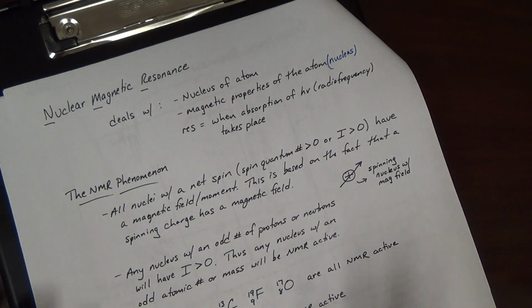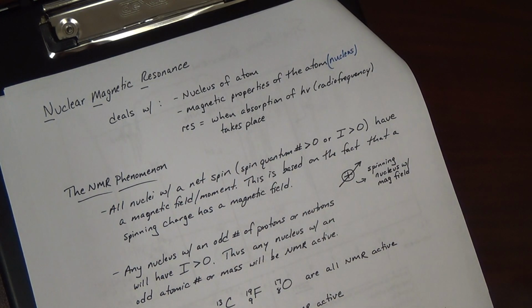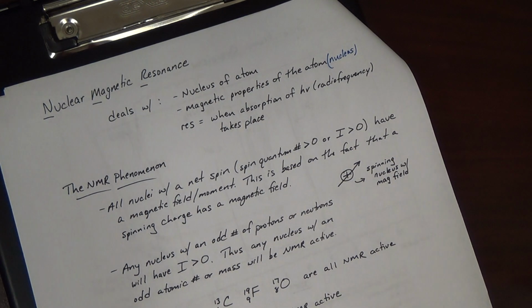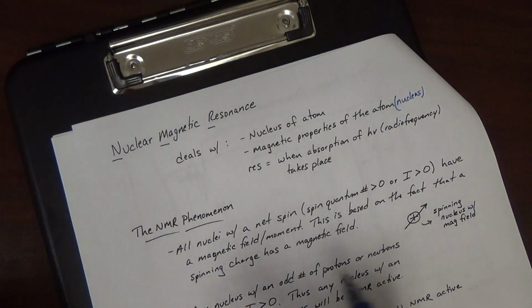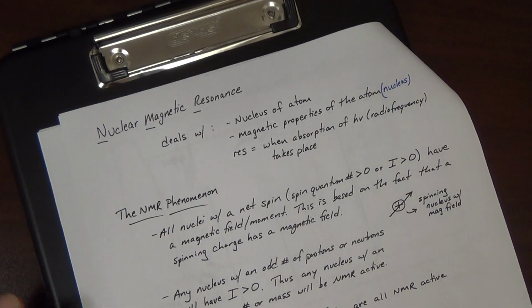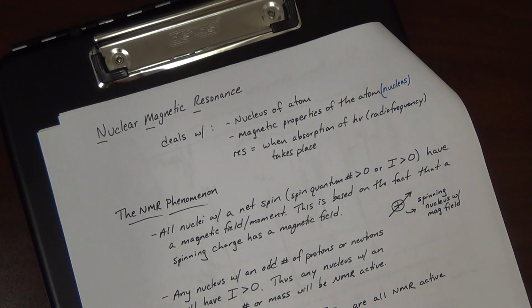Resonance is sort of an old term for when absorption of the radio frequency takes place. An absorption. We say it's resonating. And so basically it's sort of a nuclear phenomenon. It involves some magnetic properties and we get an absorption or resonance. And that's where the term NMR comes from.